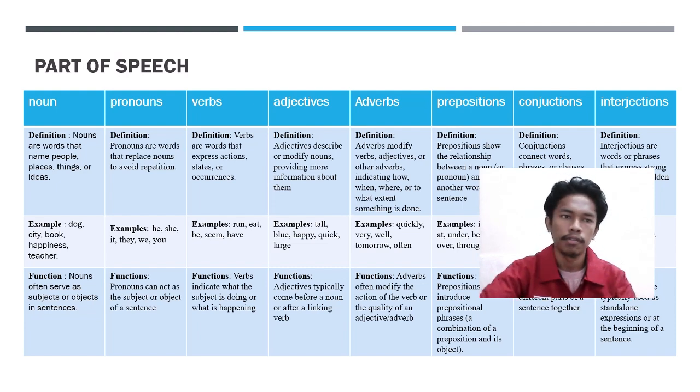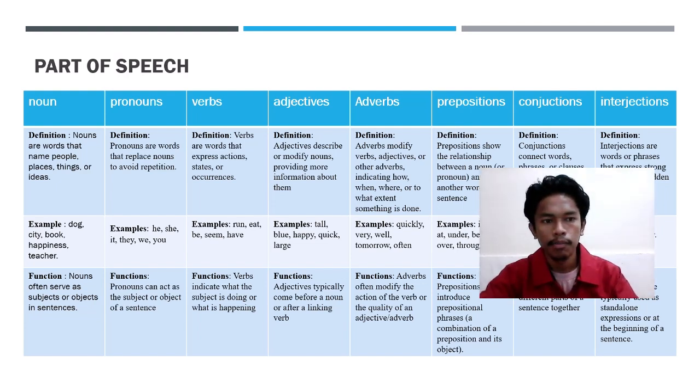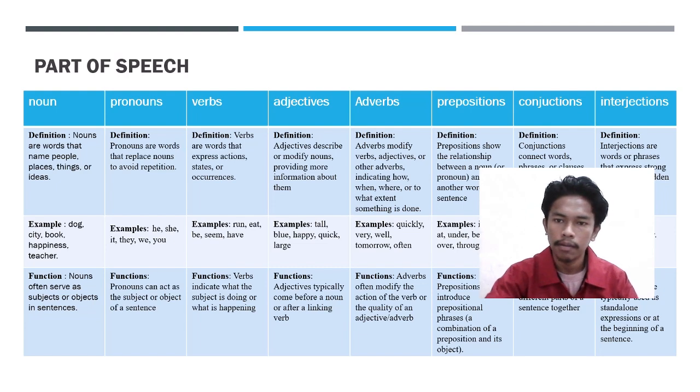You need to understand it first. First, noun. Nouns are words that name people, places, things, or ideas. Examples: dog, city, book, happiness, teacher, and so on. Nouns often serve as subjects or objects in a sentence.